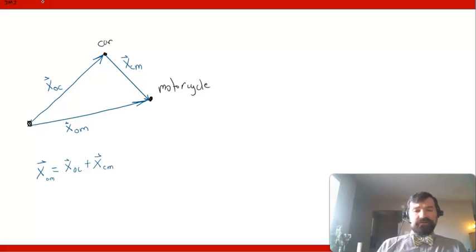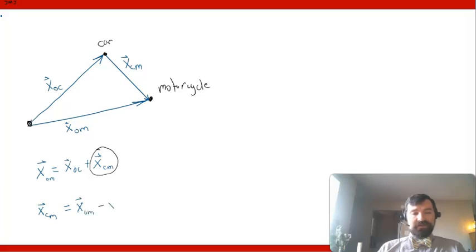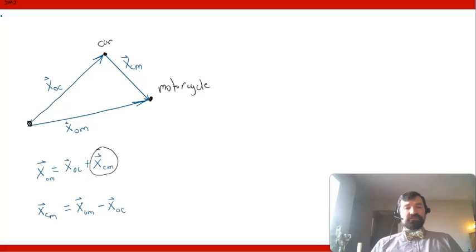That also means that if I wanted to figure out what this latter term is from the perspective of the person standing at the origin, I can rearrange the equation to get that X from car to motorcycle is X from origin to motorcycle minus X from origin to car. So I have in some sense a relative displacement for X from car to motorcycle with reference to my original origin.